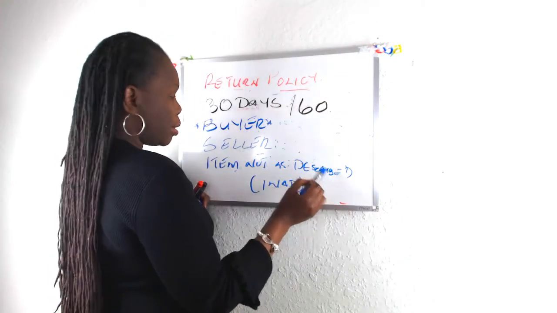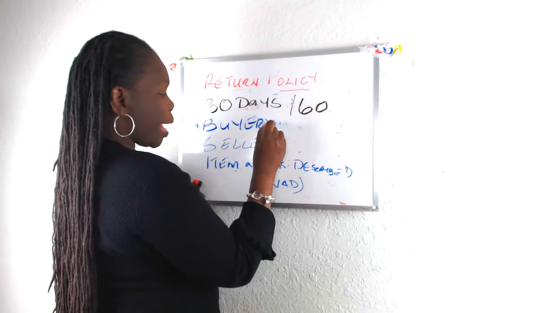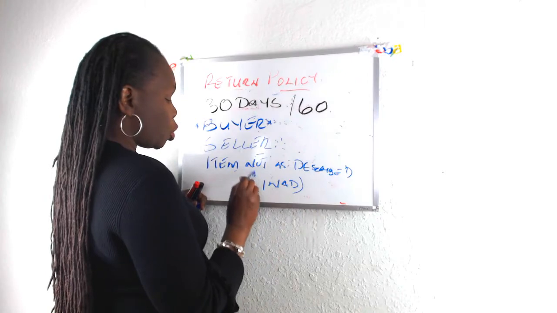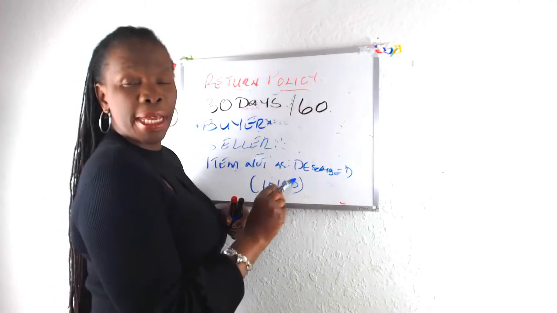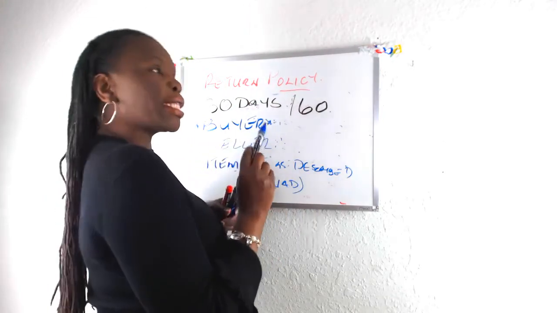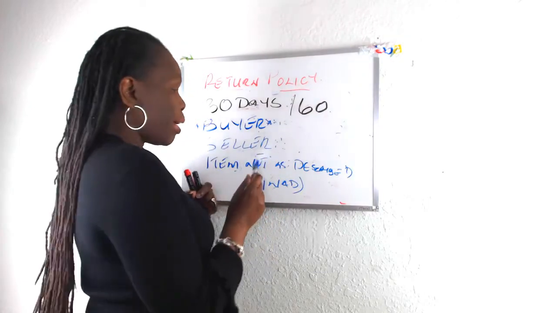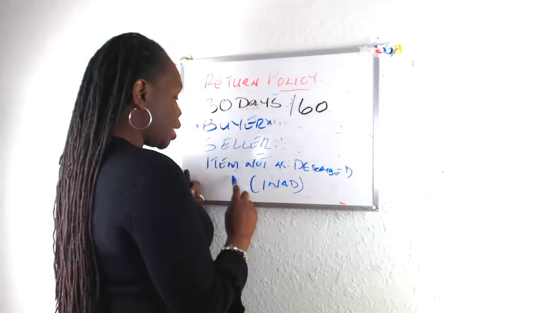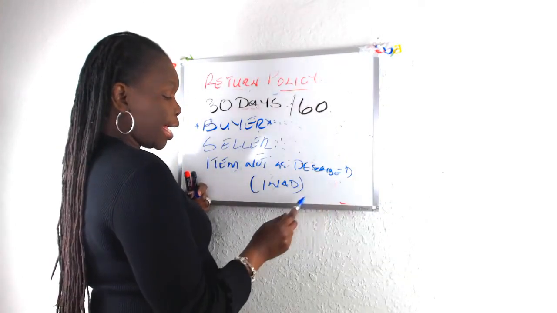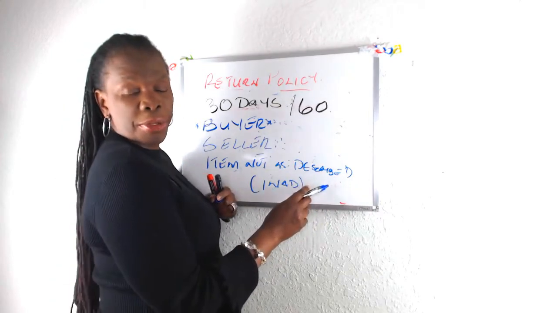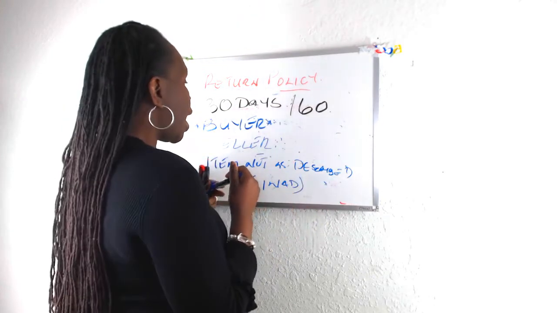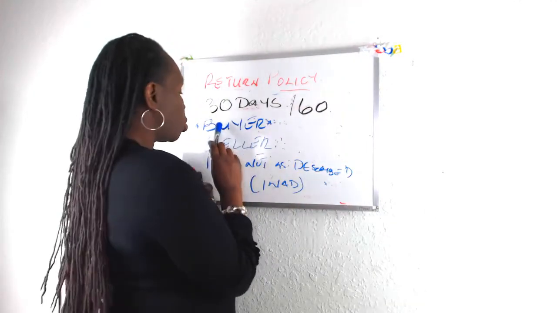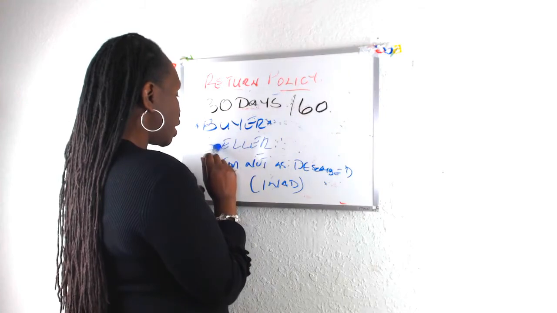If they give this reason, whether I selected buyer paid return shipping or seller, it does not matter. eBay is going to make you pay for the return shipping because you falsely advertised your item. So you want to make sure that the description is correct and accurate, including the color, so that you don't get too many INAD, item not as described returns, because this will count against your account. Okay, so you decide whether you want the buyer to pay for return shipping or the seller.